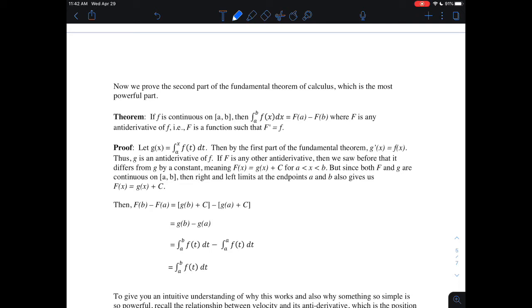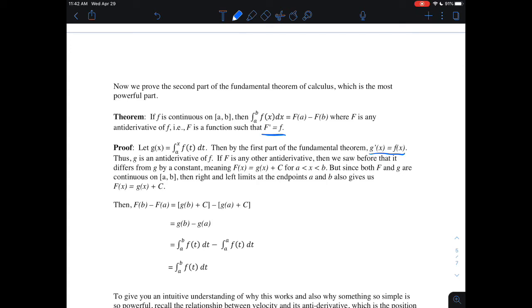So again, let's let g of x be the function that is the integral from a to x of f of t dt. Then by the first part of the fundamental theorem, g prime of x is equal to f of x. So we can see that we're starting to introduce something that involves some of the notation.